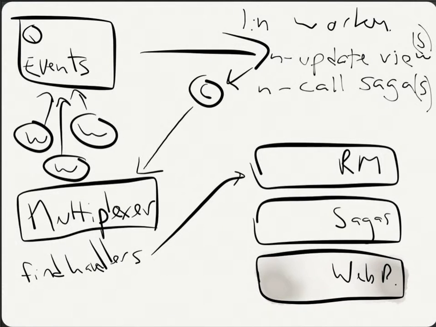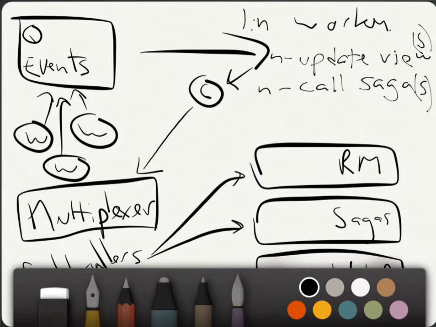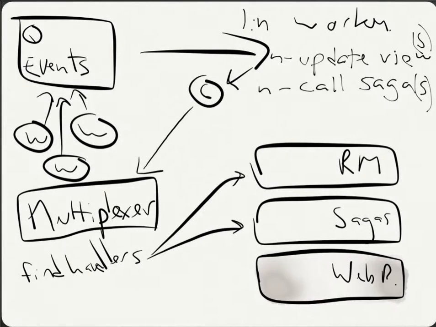Are they a read model handler? Are they a saga handler? It's going to make that decision. And it's also going to decide if I should respond. Maybe I should send a response also.